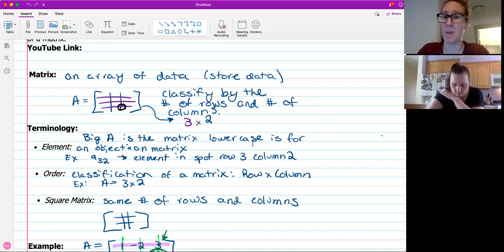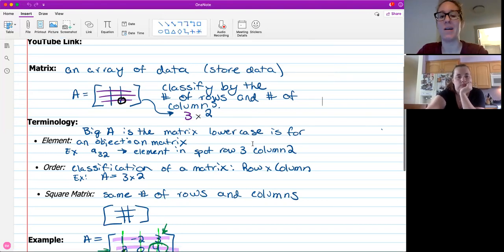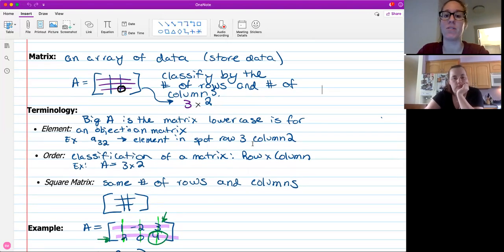Sometimes they also just do a space. So you can see you have the first chunk and then a significant space in the second chunk of numbers for your column. We are only going to be dealing with matrices that have less than 10 rows and 10 columns. So the first number is always going to represent your number of rows, and your second number is always going to represent the number of columns in your matrix. So we're not going to have any double-digit rows and columns.